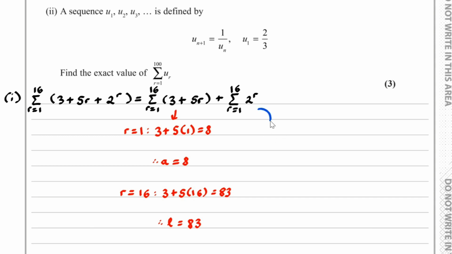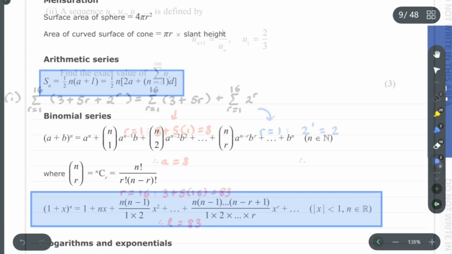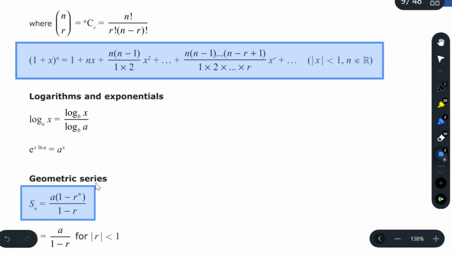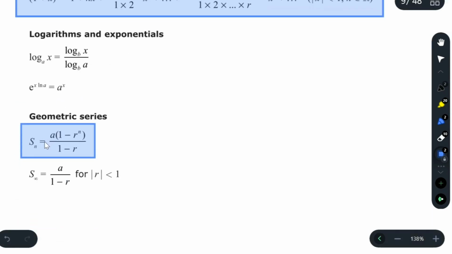If we focus on what we have here, when r equals 1, we have 2 to the power of 1, which is 2. Here we've got a geometric series, and for a geometric series, we've got the sum equaling a times 1 minus r to the n over 1 minus r.